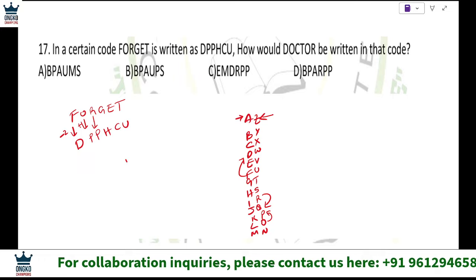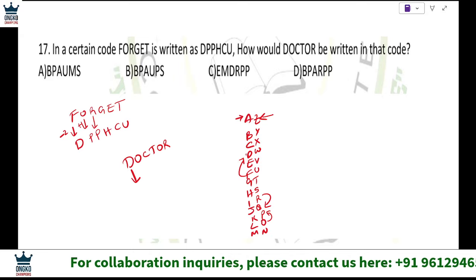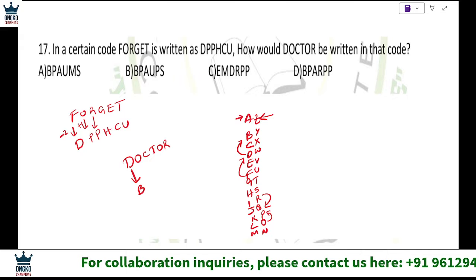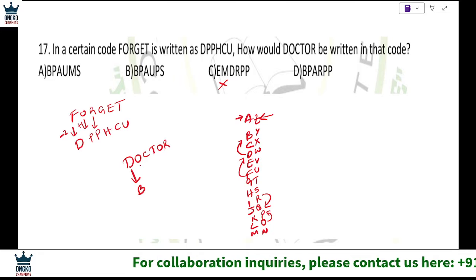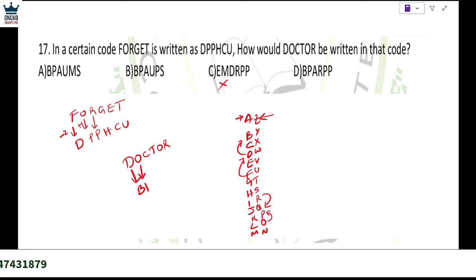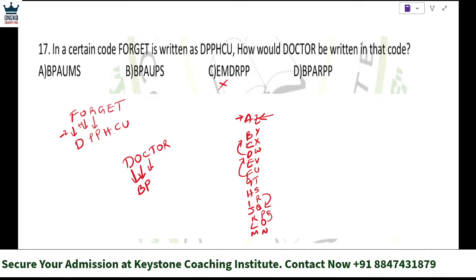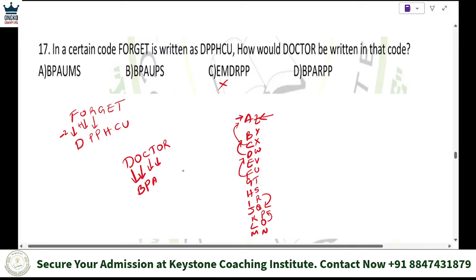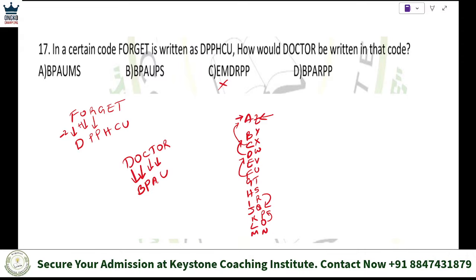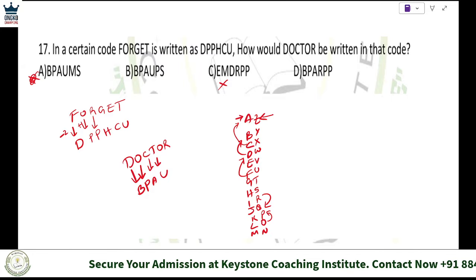So -2 on D gives B. Start with B, then O plus 1 gives P. Then C minus 2 gives A. D gives U. So P B A U, so far fine.